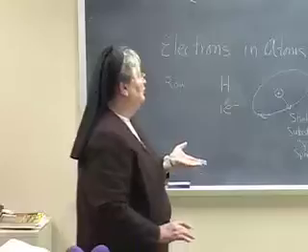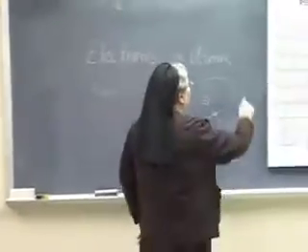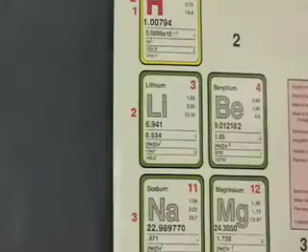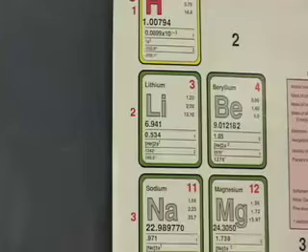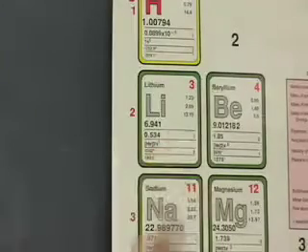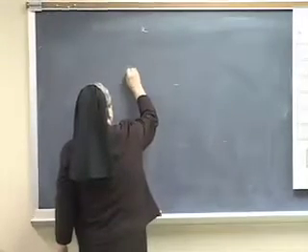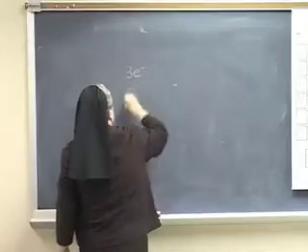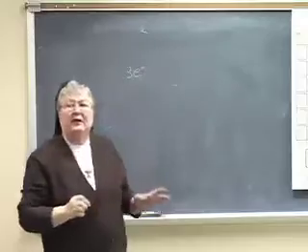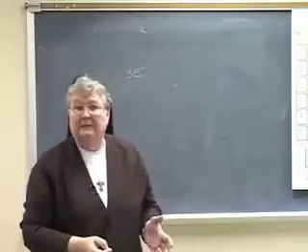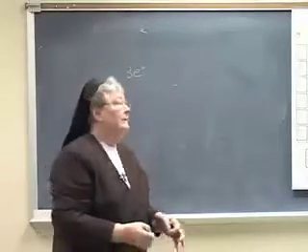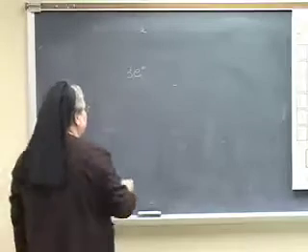If we move to row 2, to lithium, then we have a different situation. Lithium's atomic number is 3, which means it has 3 protons in the nucleus and 3 electrons. Right now we're interested in the number of electrons and how they're arranged in the atom.